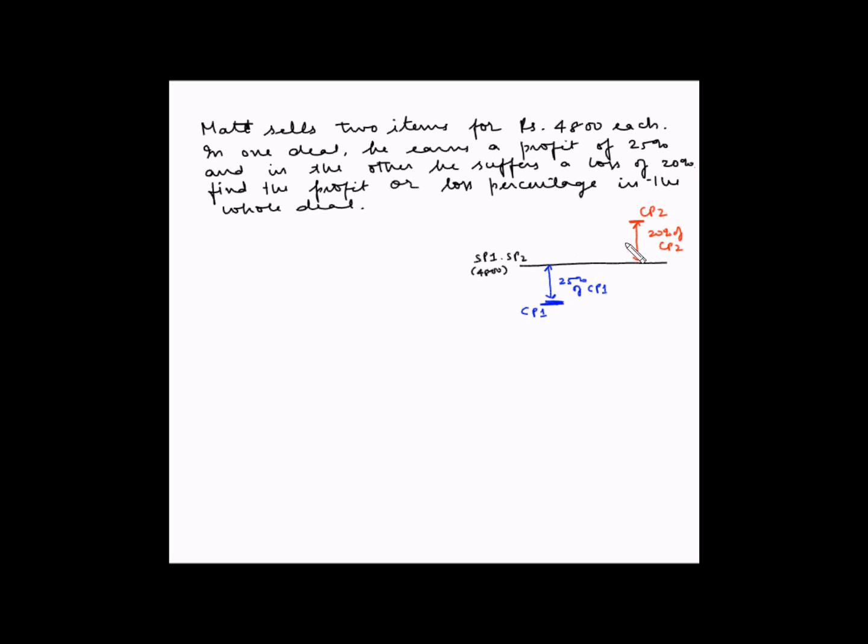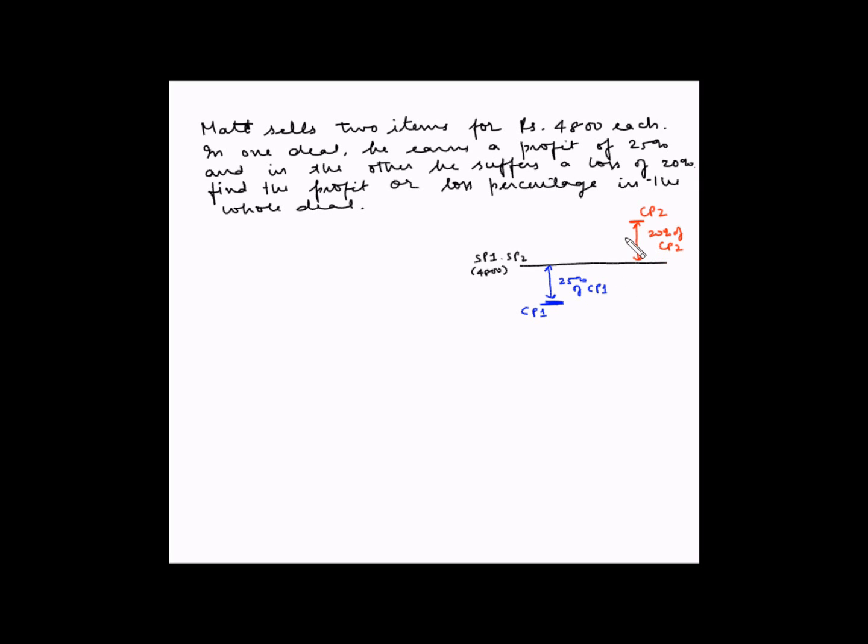In other terms, we'll have a no profit no loss scenario, because this loss here for CP2 will be nullified by the profit here for CP1. So in that scenario, there will be a no profit no loss scenario.